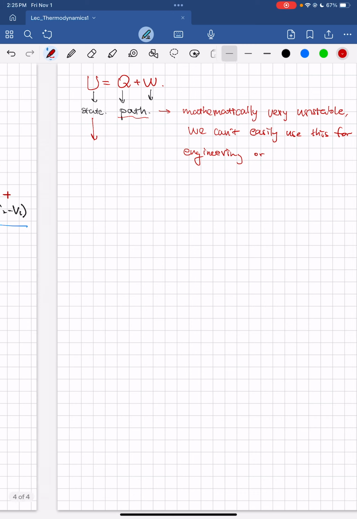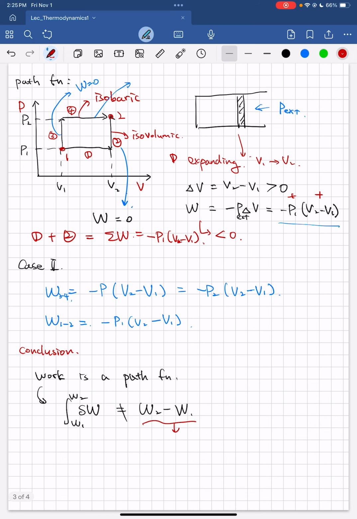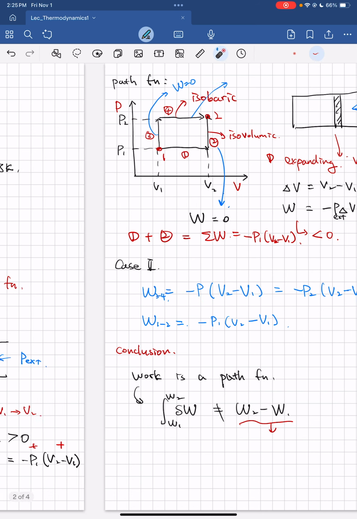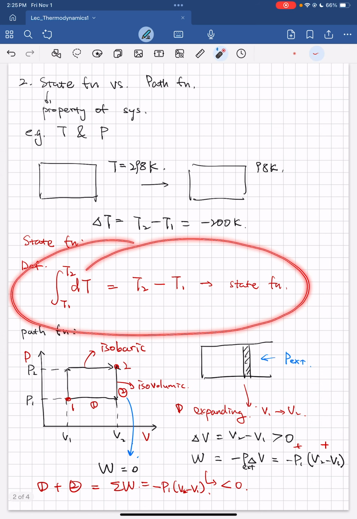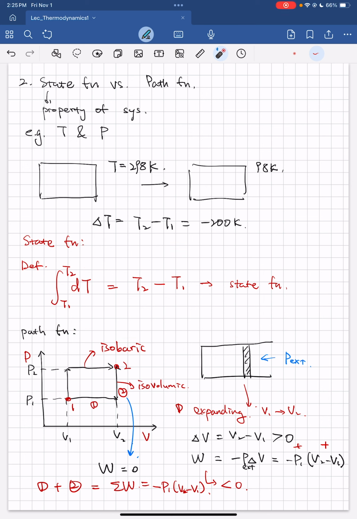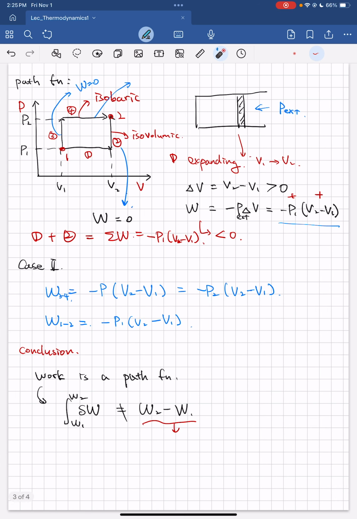Why? Because as we see from this equation, if we want to calculate the change, we can just simply subtract. It's like a name or a property of the system, so we can easily manipulate this kind of state function. But with a path function, we need to know exactly what route it took.